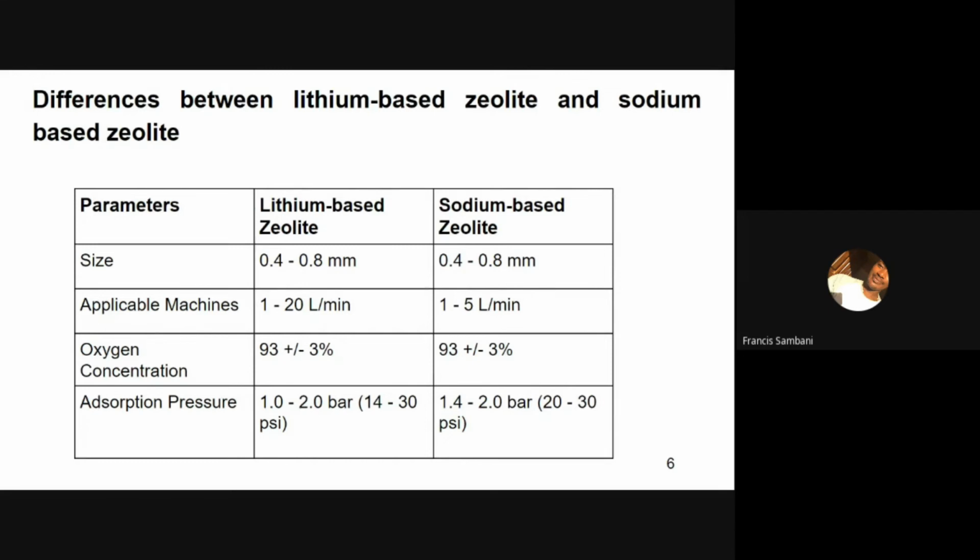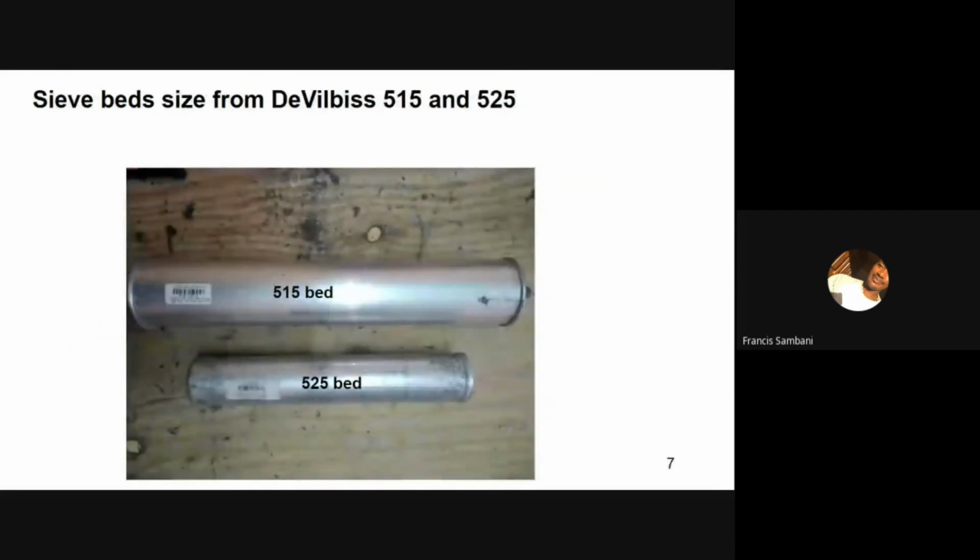And lithium started to make its way into smaller flow models such as the Respironics EverFlo, as well as the DeVilbiss 525, which is the next generation after the popular 515 unit. So a good comparison in terms of understanding the quantity of zeolite used can be seen with these two models, the DeVilbiss 525 and the DeVilbiss 515 unit.